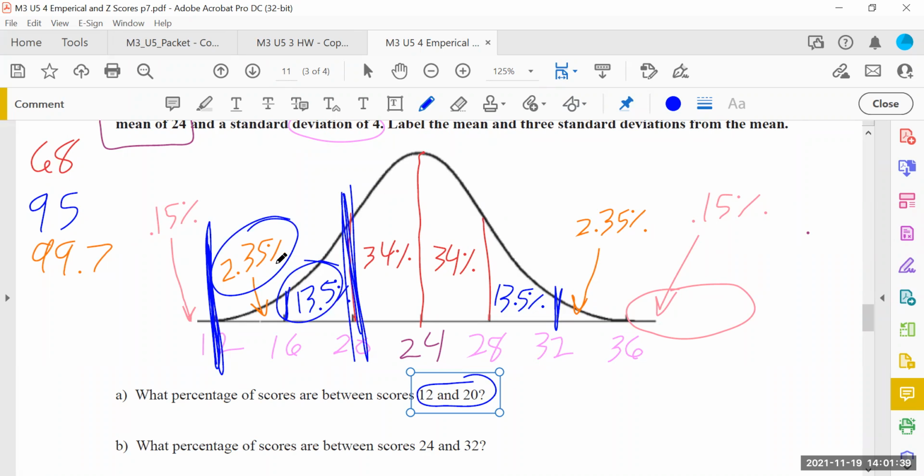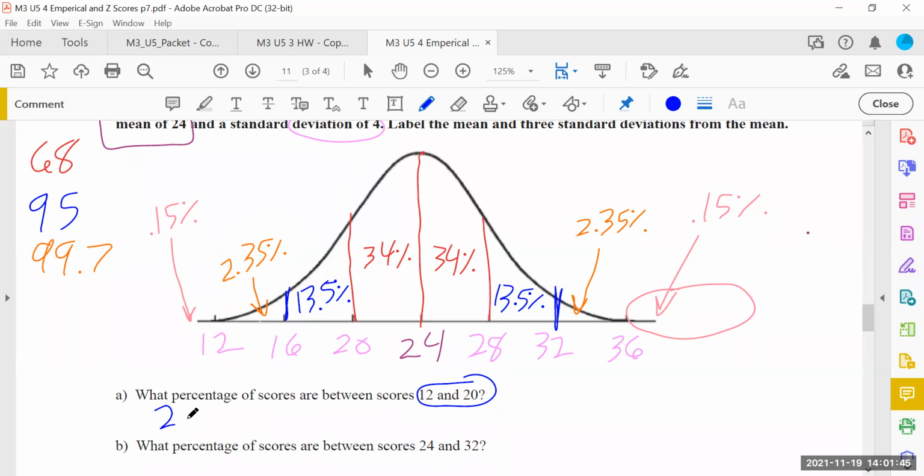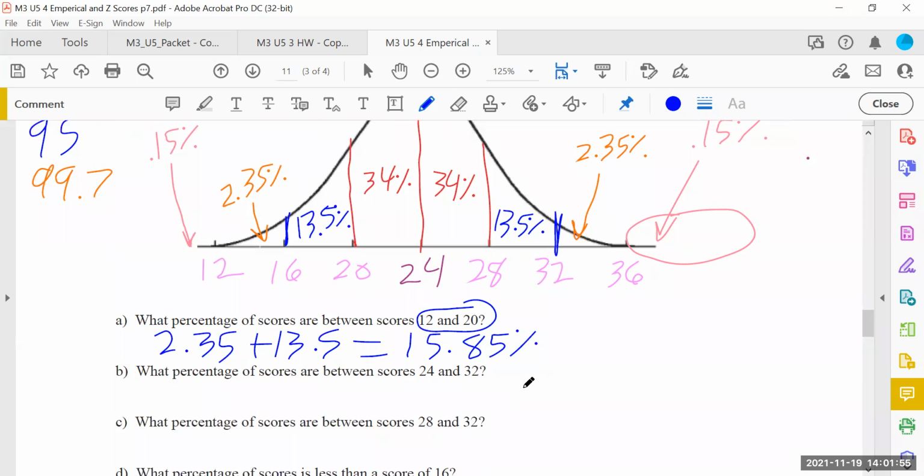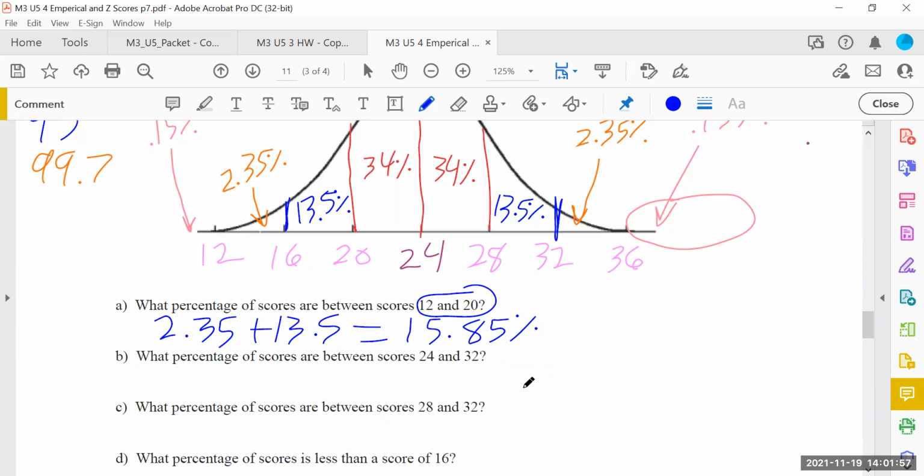Between 12 and 20, we're just doing 2.35 plus 13.5. 2.35 plus 13.5 gets me 15.85%. It's only the ones in between those two values.